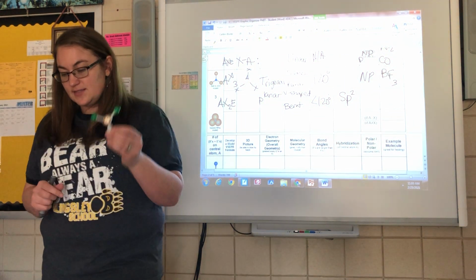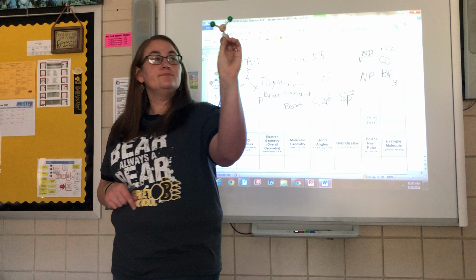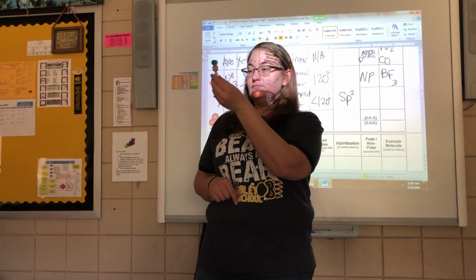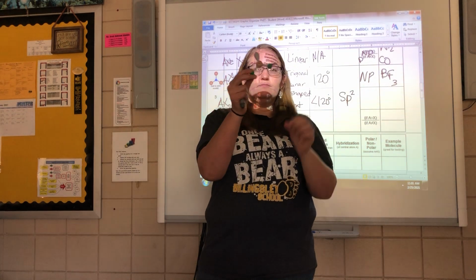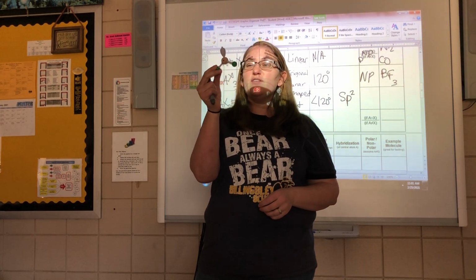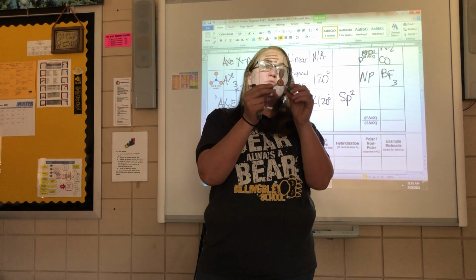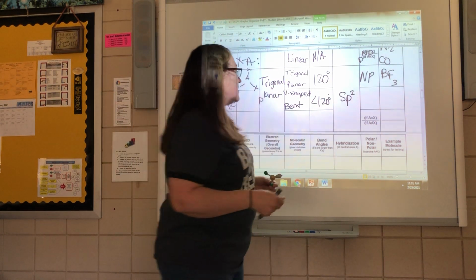So do you think that this is polar or non-polar? I forget what's what. Okay. So is everything going to be shared equally, you think? No, so it's going to be polar because there's going to be a positive and negative.